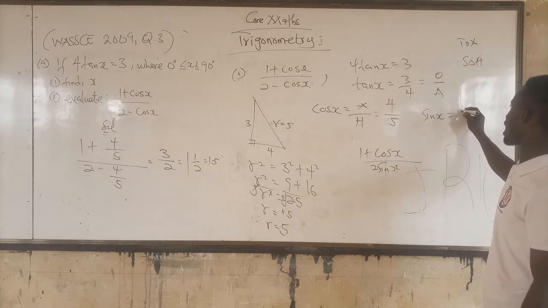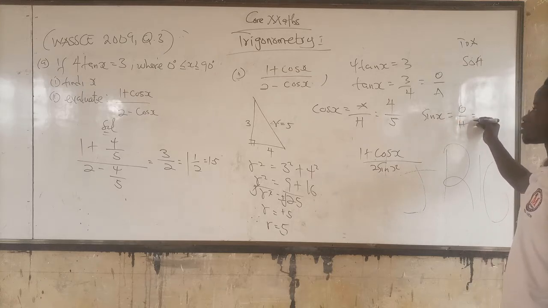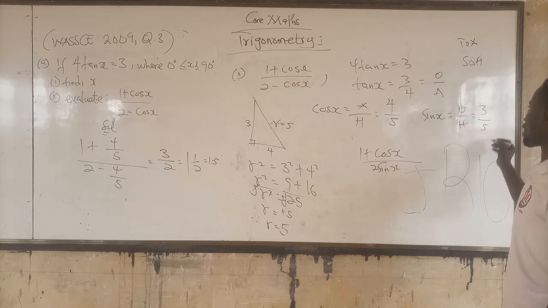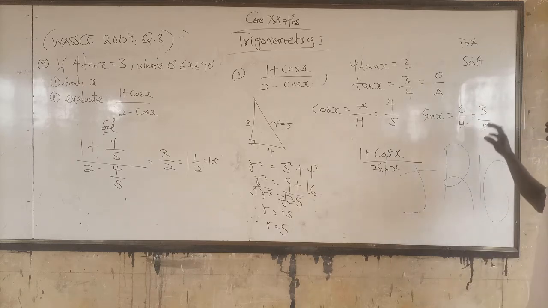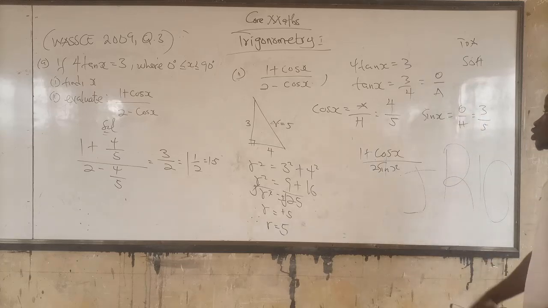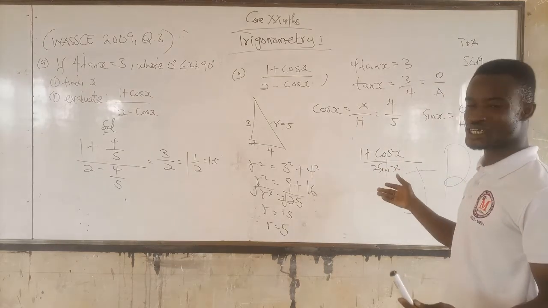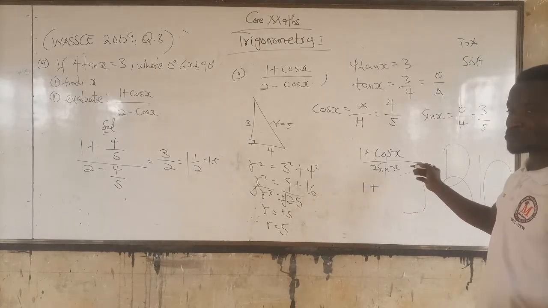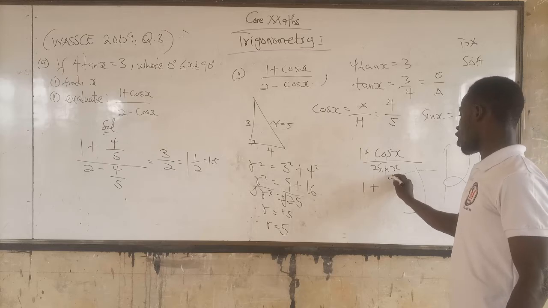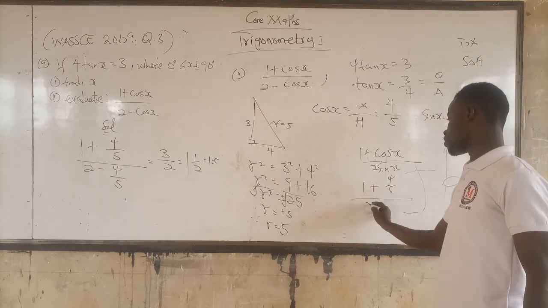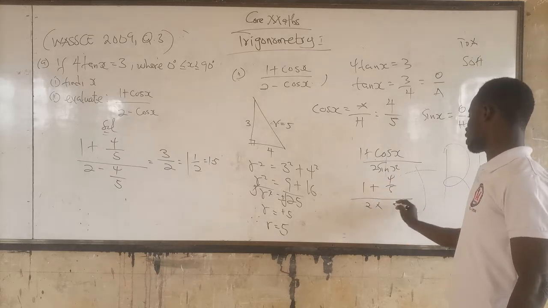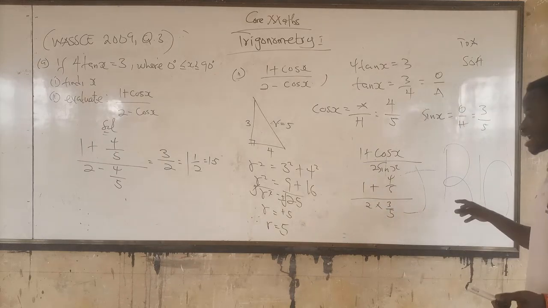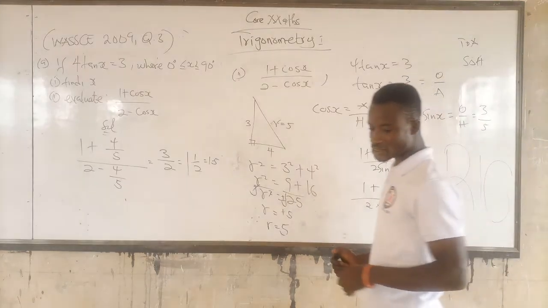The opposite is 3, hypotenuse is 5. So this is going to give you 3 over 5. So when you have to evaluate a question like this, it's just 1 plus 4 over 5, all over 2 times 3 over 5. You can pause the video and work it out. That is how that works.